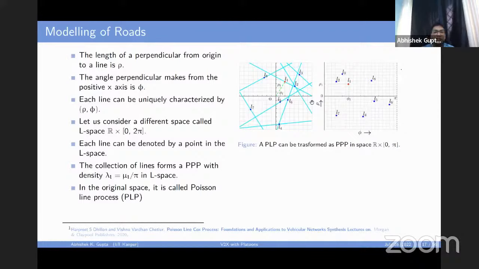The lines are in the real space, the actual deployment. But we can think of a virtual L space where each line is seen as a two-dimensional point, and those points can be modeled using a Poisson point process. In the actual space, if you draw these lines, they form a Poisson line process.